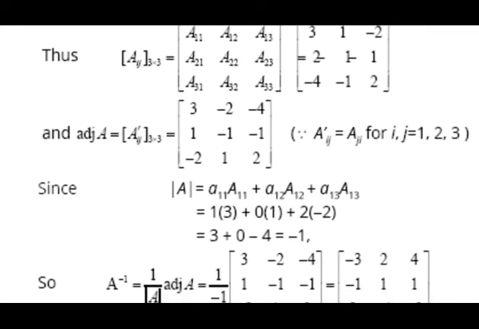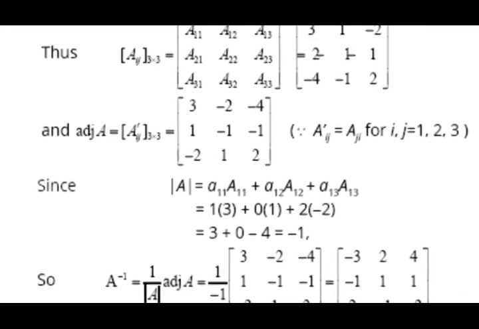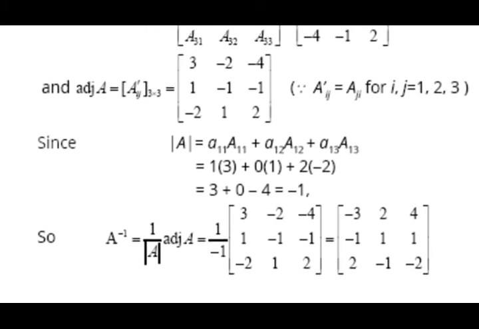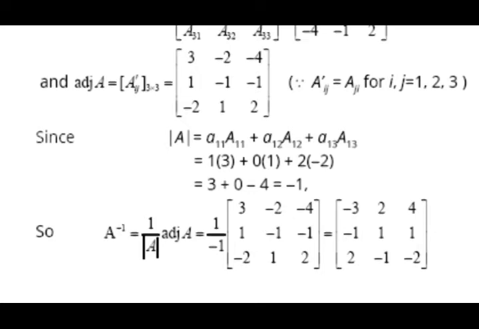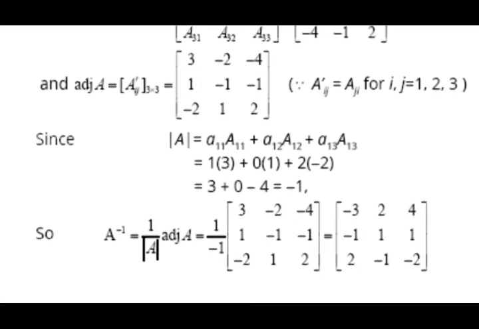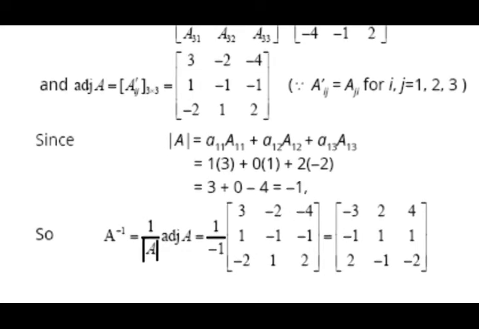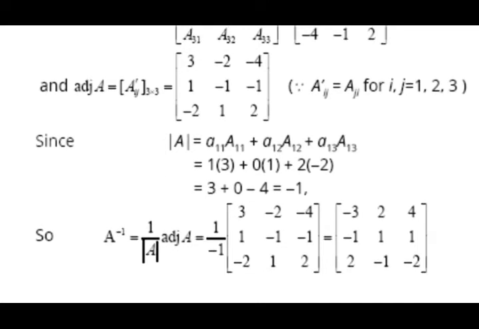And then we find the determinant of the original matrix, and we divide the adjoint by its determinant, and it becomes the inverse of the 3 cross 3 matrix.